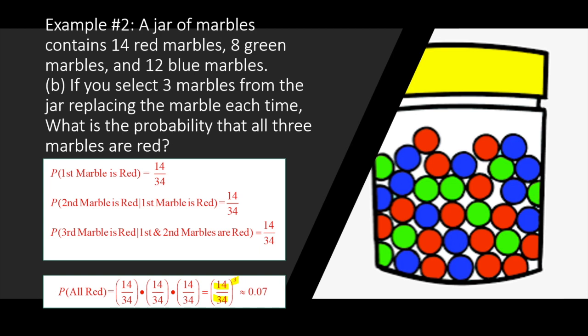In this case, the number 3 is the number of marbles we're selecting from the jar. The probability doesn't change on each draw, so that is why we can say 14 out of 34 raised to the third power, and we get approximately 0.07.